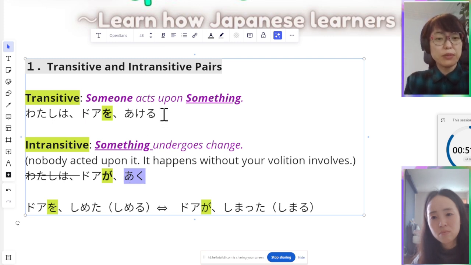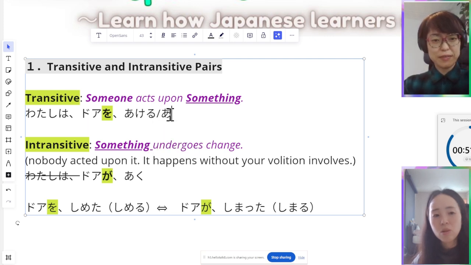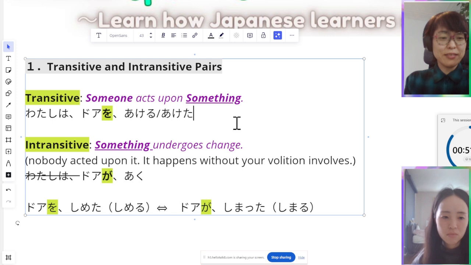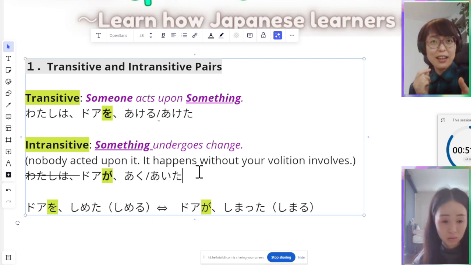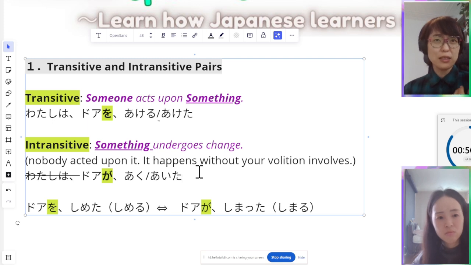For example, in past tense, 私はドアを開けた, and ドアが開いた. You see here 開けた and 開いた look different now. So this is the pairs. Since it's pairs, it's confusing. That's why Genki made this one section.